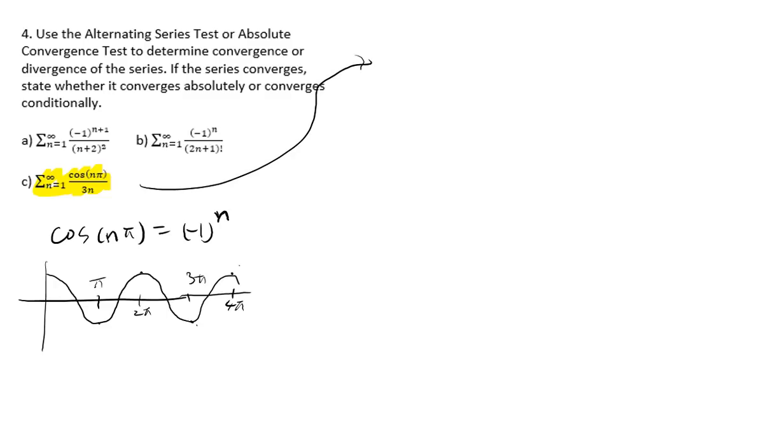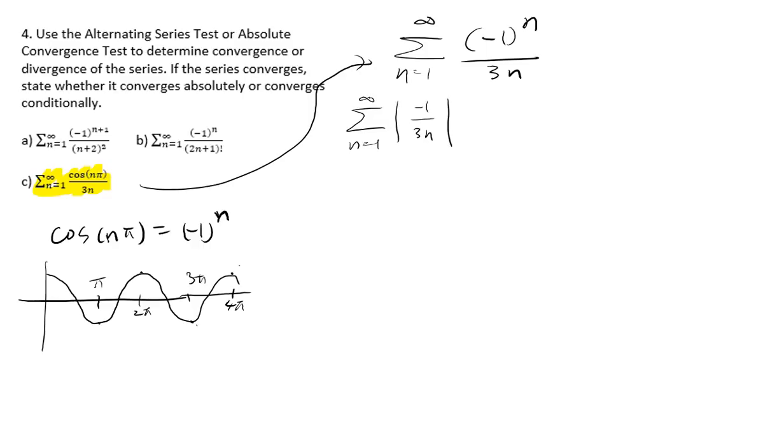So what we are seeing here really gives you sigma n from 1 through infinity of negative 1 to the nth power over 3n. Now, we know that if you take the absolute value of this, it is not going to converge. Sigma n from 1 through infinity, negative 1 over 3n, just becomes sigma n equals 1 through infinity of 1 over 3n.